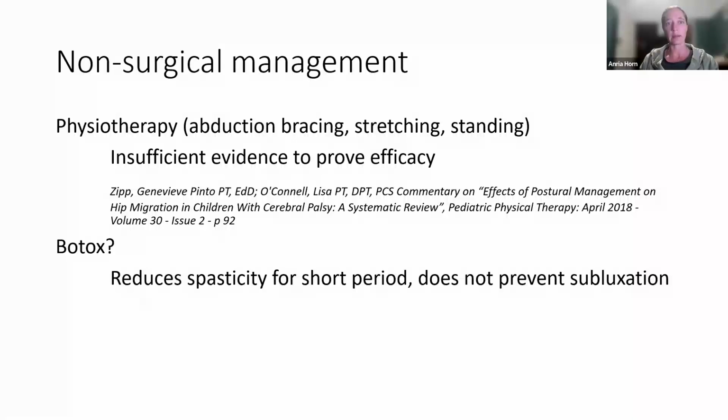So the non-surgical management doesn't work, basically. Physiotherapy and Botox reduce spasticity, but don't prevent subluxation. And I think this is probably the case for most physiotherapy, because you cannot compensate for the lack of walking with physio.